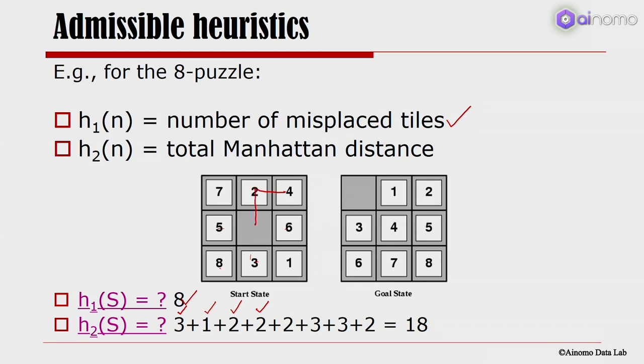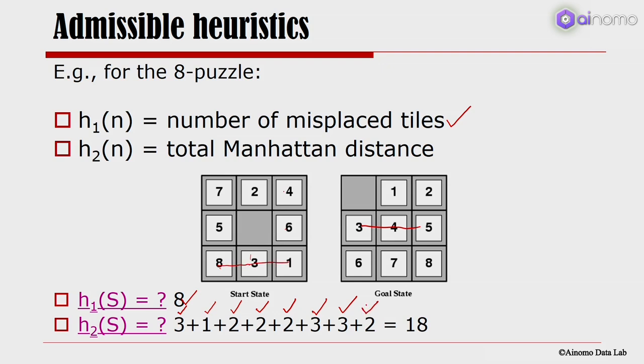Number 5 similarly would be 1 step and 2 steps. Number 6 would be 1 step, 2 step and a 3. So 3 steps. Number 7, let's count number 7 here. 1 step, 2 step and 1 step more. So 3 steps. And number 8, if you see, has to be pushed to the extreme right. So 1 step, 2 steps, so 2.